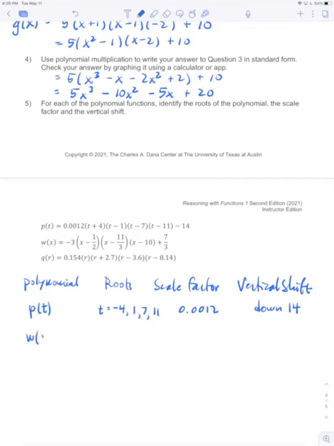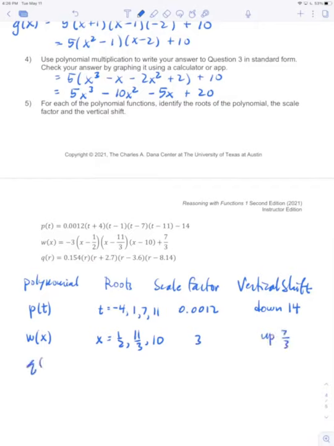W is next, so W of x, we get x is equal to a half, 11/3, and 10. 3 is the scale factor, and then we go up 7/3.